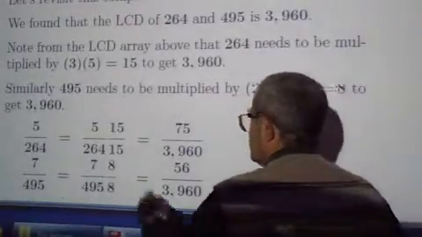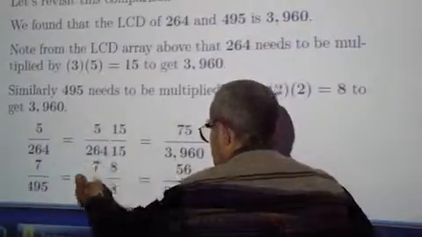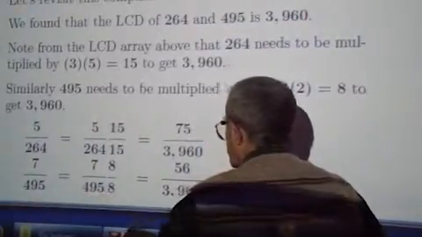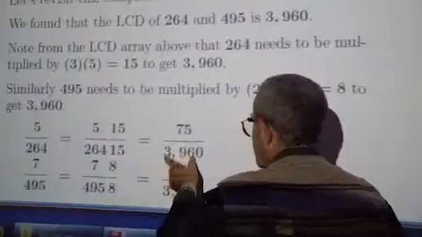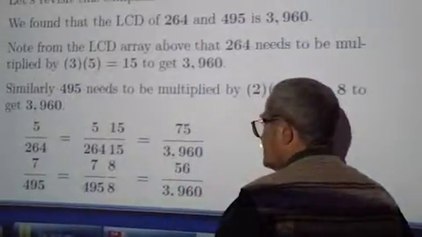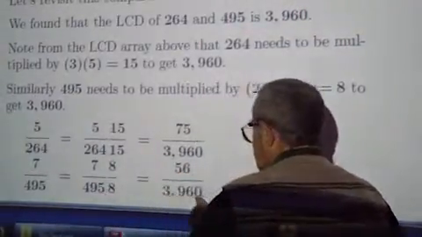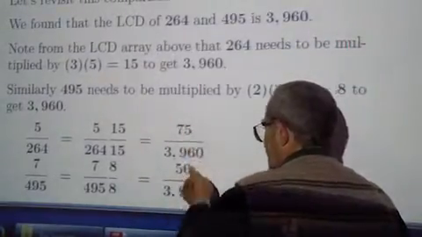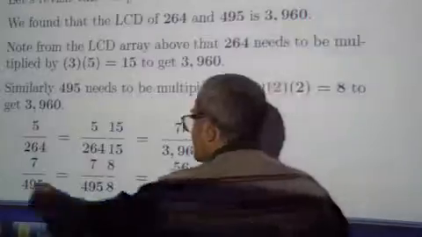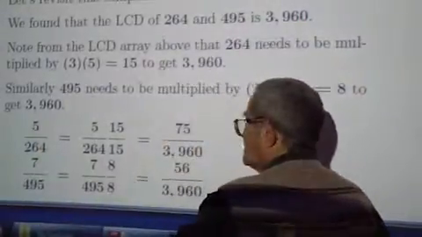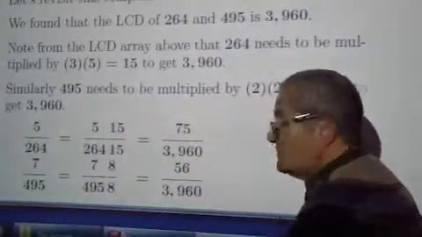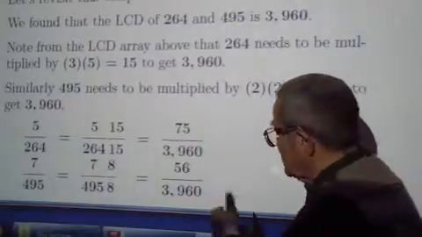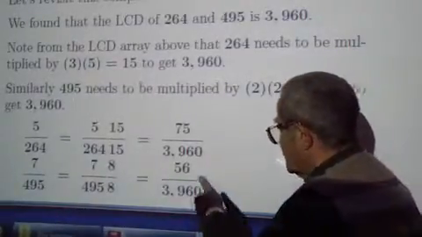So I multiplied by 15 over 15 to get the denominator 3,960, and multiplied by 8 over 8 to get the same. We have the same denominator, now compare the numerators. 75 is greater than 56. 5 over 264 is greater than 7 over 495.